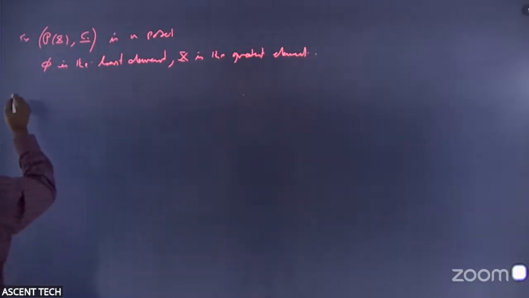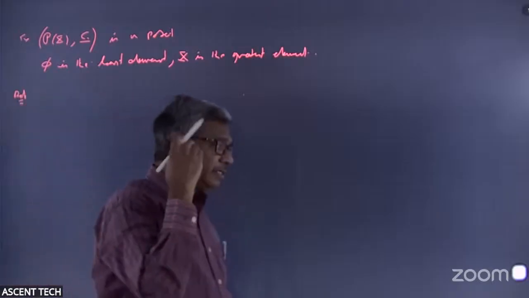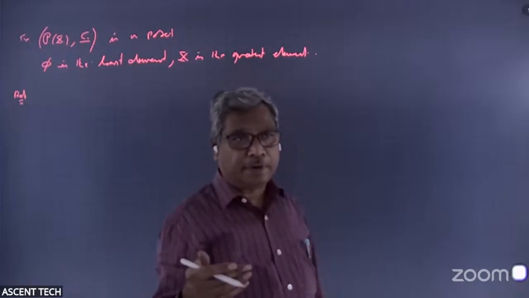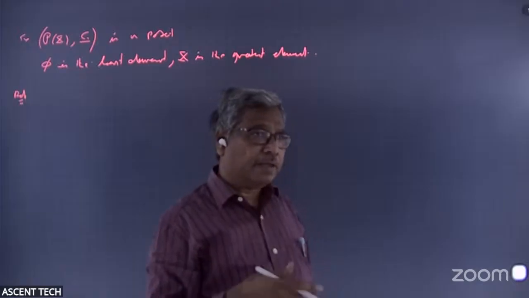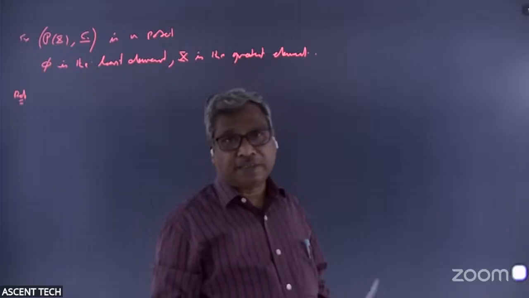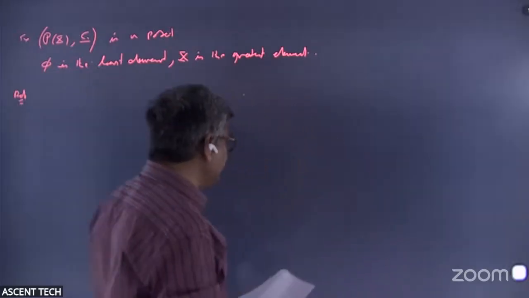It's a definition. A partially ordered set in which the ordering has the property that any two elements are comparable, I call such a partially ordered set a totally ordered set, or simply ordered set, or even chain. Lots of names for that.